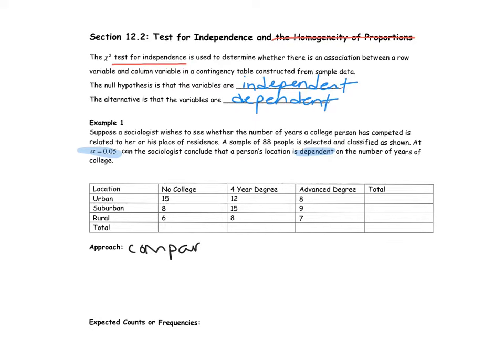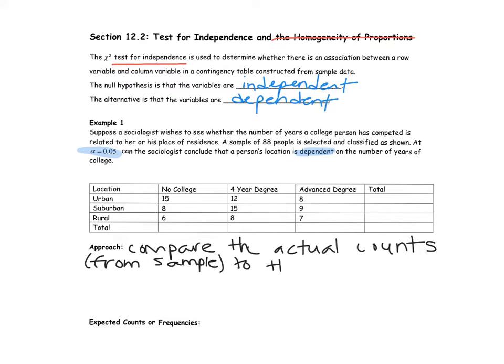We're going to compare the actual counts from the sample, the observations, to a vocabulary word here, expected counts. And the expected counts are the values they would be if the variables are actually independent.